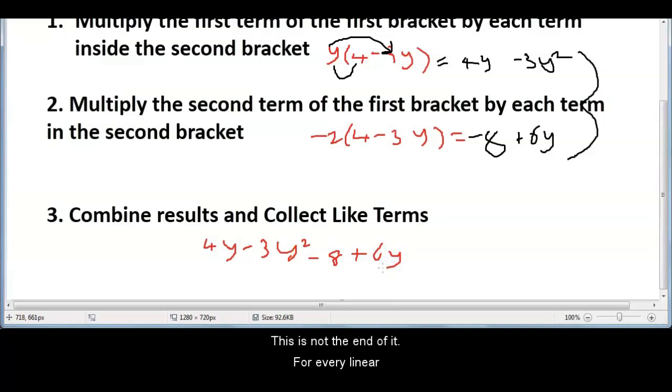This is not the end of it. For every linear expression such as this, you need to collect the like terms first. The only like terms in this expression are 4y and 6y.